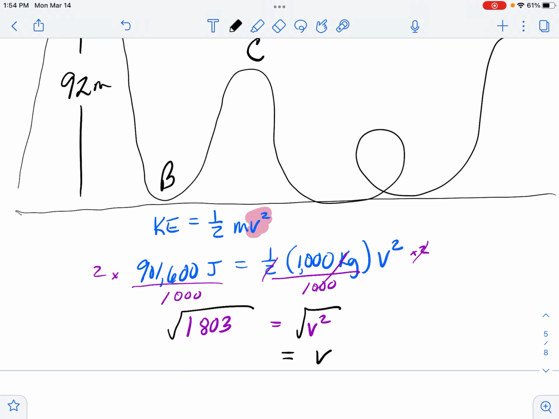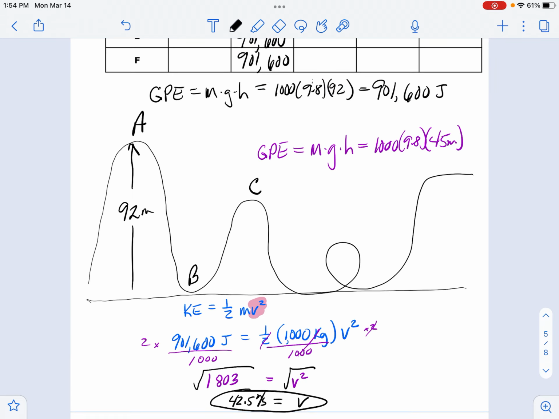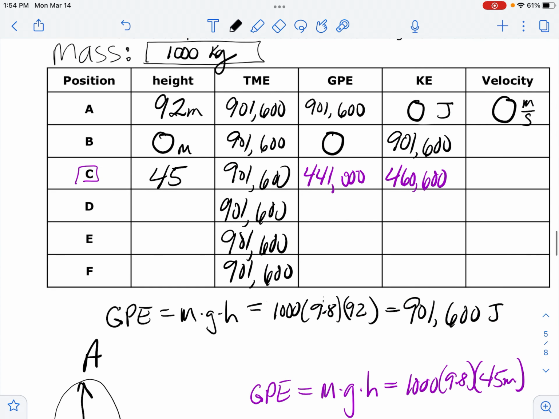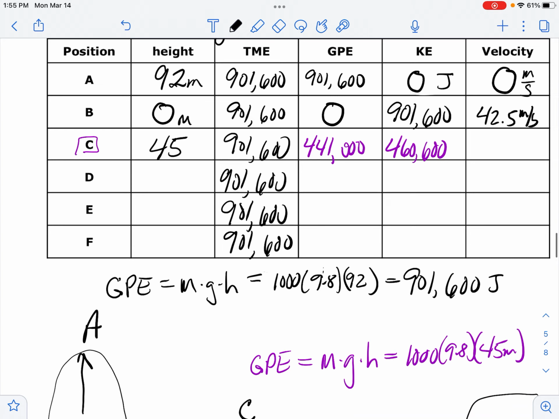And the square root is 42.5 meters per second. So that is how fast this will be going. We can try one more. We'll go ahead and get the velocity of point C, and you would use this kinetic energy, 460,600.